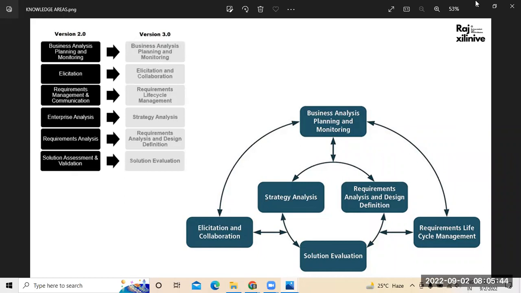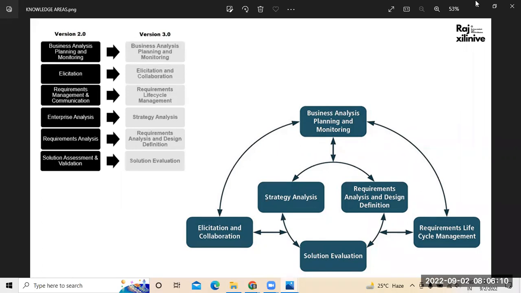It comes one by one, right? First is business analysis planning and monitoring, which we do first. Second, elicitation, followed by requirements lifecycle management. Next, enterprise analysis or strategy analysis. Next, requirements analysis and design definition, followed by solution assessment and validation.